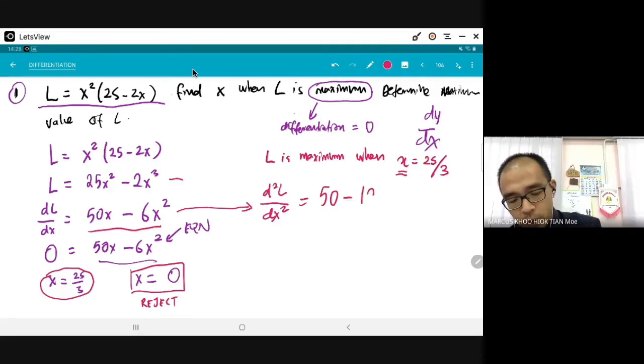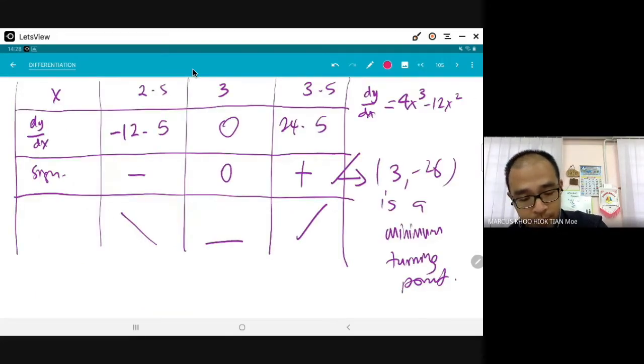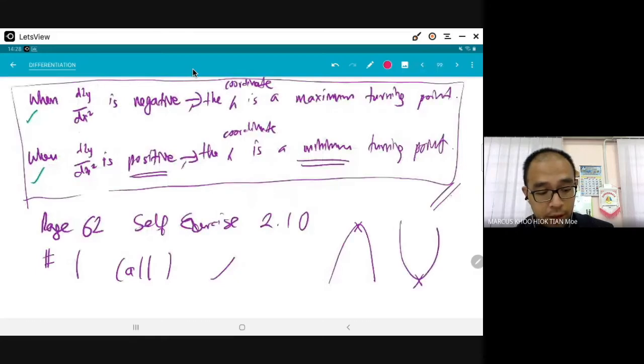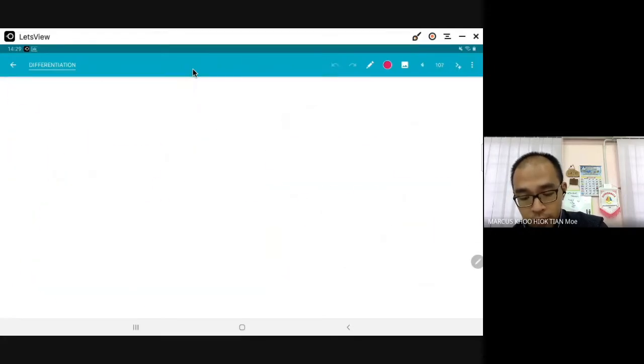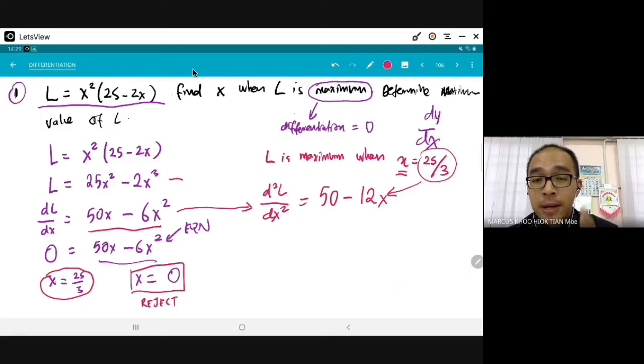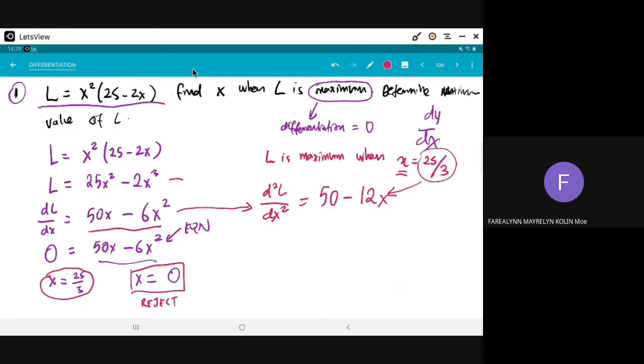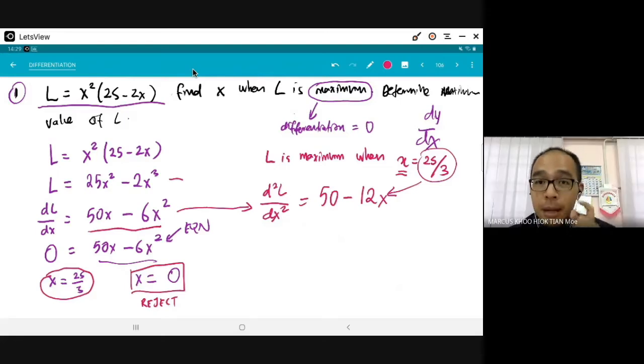Now, we already established the second derivative; we need to sub the x in, the x that we found. If our answer is negative, then it's a maximum. If our answer is positive, then it's a minimum. So when I sub 25/3 inside here, what do I hope to get, positive or negative? We hope to get a negative answer, which proves that it is a maximum because d2L dx2 is negative.